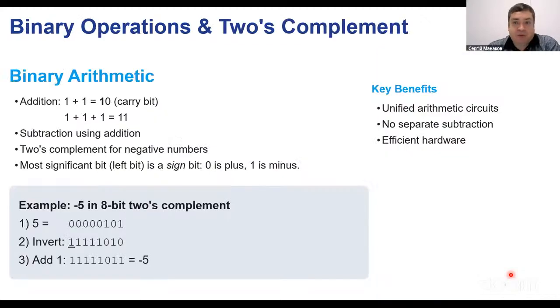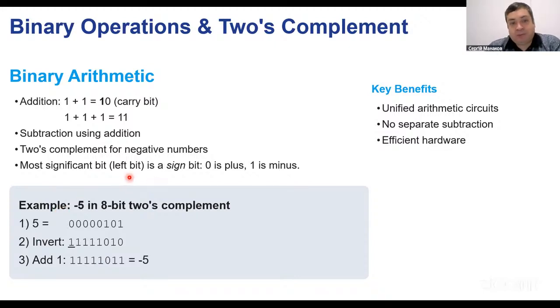Next, we will see where we can use these operations. But first, let's consider binary arithmetic operations. The basic arithmetic operation is addition. By the way, subtraction is performed also using addition. We'll see how. And there's a question how to write down negative numbers in binary, or how to store the minus sign.